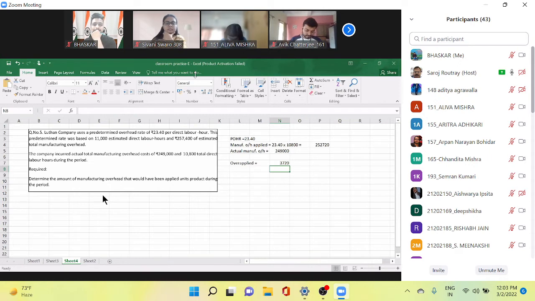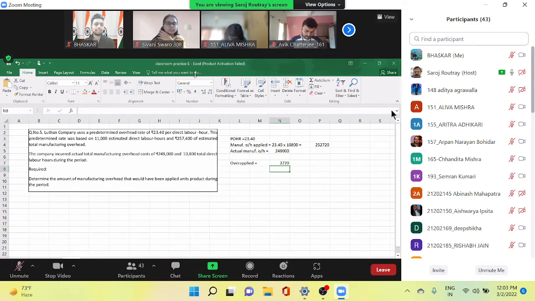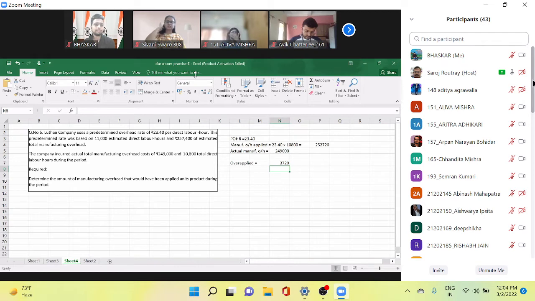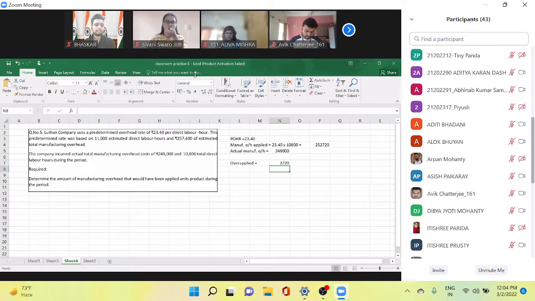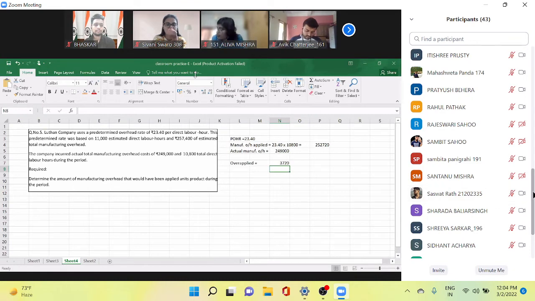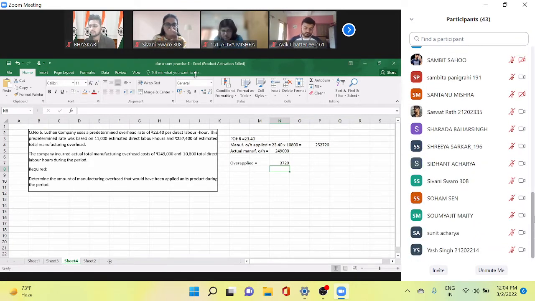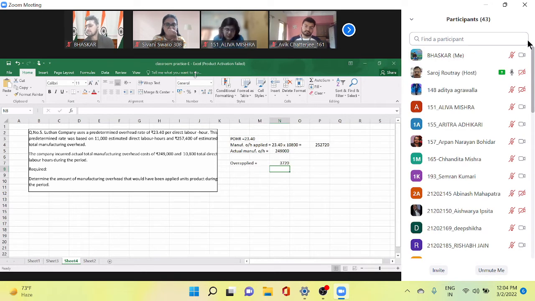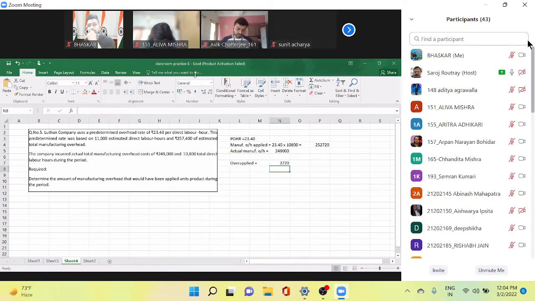So many students, let me read the names. Aditi, Tini, Avinash, Piyush, Shivam, Santanu, Aditya Agarwal, Itisri, Rajeshwari, Arpan, Sambit, and Aishwarya. Itisri has answered. I don't know where she has gone.